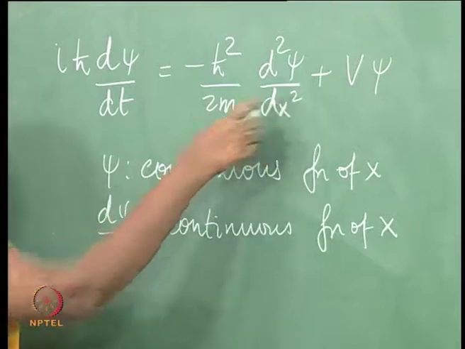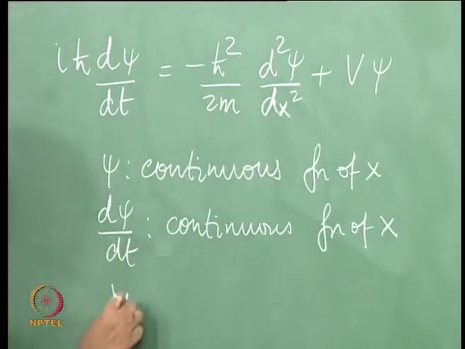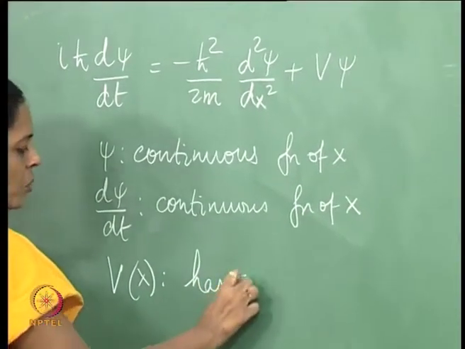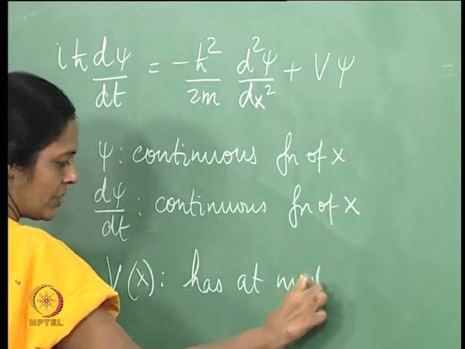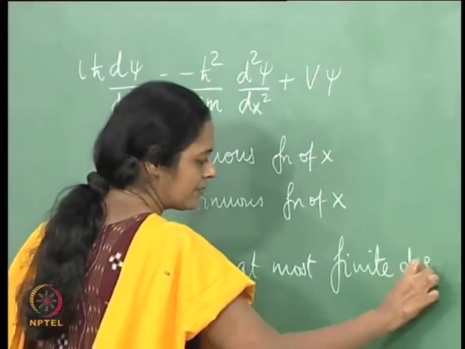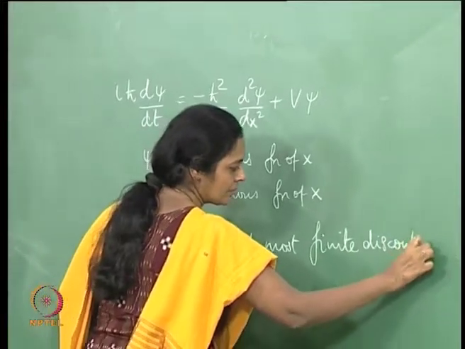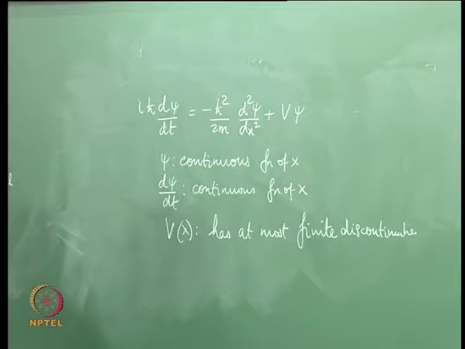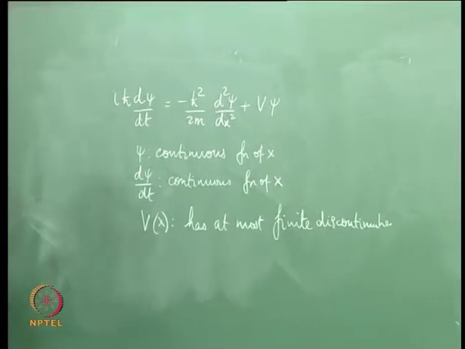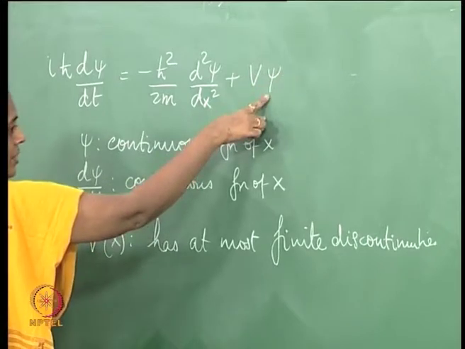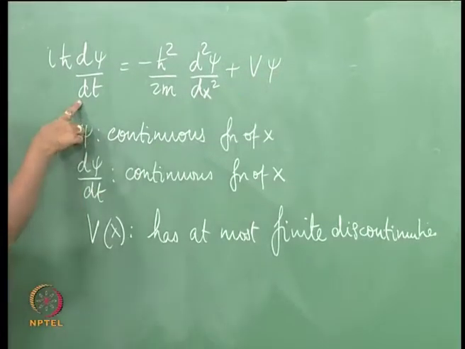Now, look at the right hand side. We assume that the potentials we are considering have at most finite discontinuities, at some specific values of x. Now, if V of x has finite discontinuities, so does this. But the left hand side is a continuous function of x.